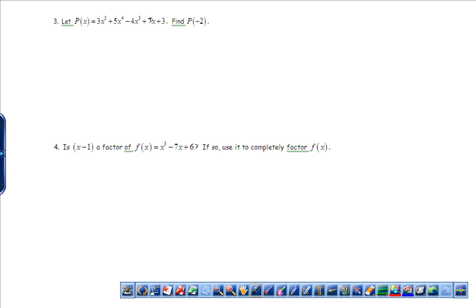I'm going to use synthetic division. So I've already got negative 2. Make sure all your exponents are decreasing by 1. I'm going to use my coefficients. So 3, 5, negative 4. I don't have a 2 here, so I'm going to plug in a placeholder, 0, 7, and 3.